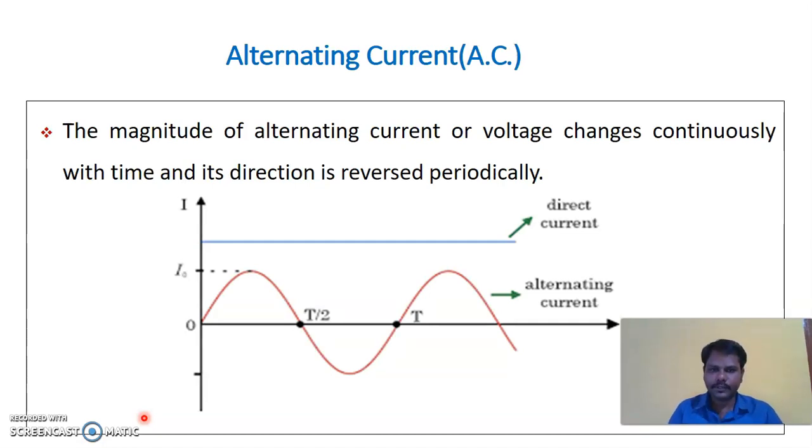Alternating currents. So now let us understand the basic definition of alternating current. Before that, let me describe a direct current. If you look at this picture very carefully, along the x-axis you have time, along the y-axis you have current.